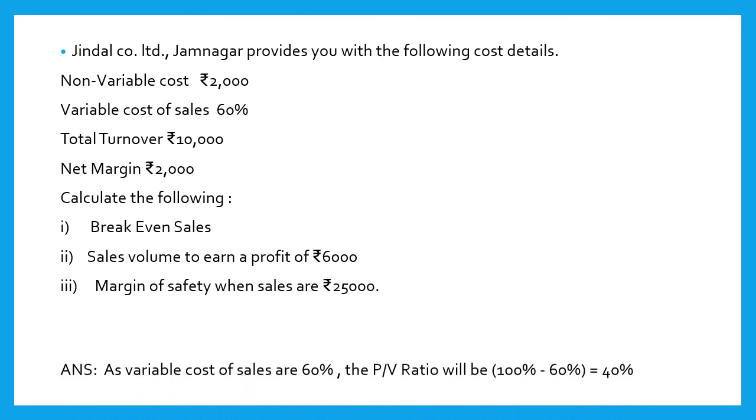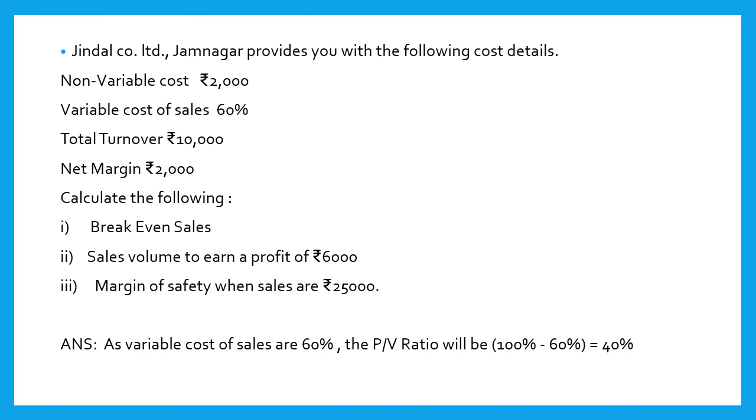Let us calculate this. As variable cost of sales are 60%, the PV ratio will be 100% minus 60%, that is 40%. Now, what is the logic behind this? If as compared to your sales, your variable cost is 60%, that means the remaining part denotes your profit. As we consider fixed cost as a period cost in marginal costing, the rest after deducting variable cost will be calculated as a profit.